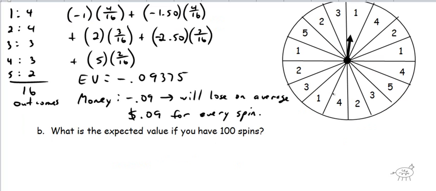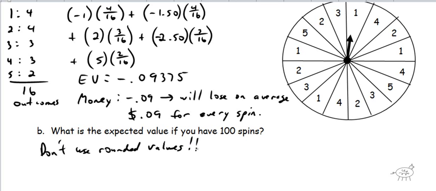All right, so part B says, what is the expected value if you have 100 spins? Now, what you're going to do is multiply that expected value times 100. But I don't want you to use rounded values, especially when you're multiplying. It doesn't make sense.